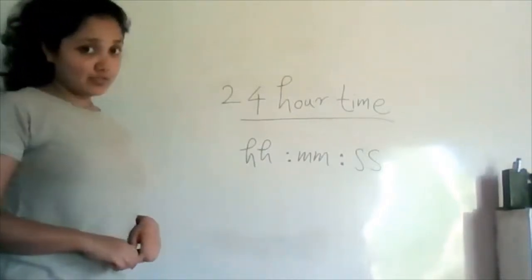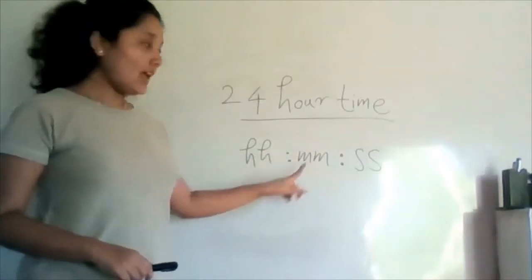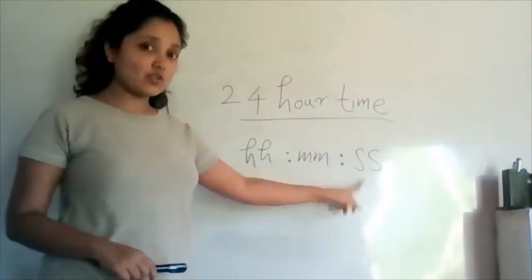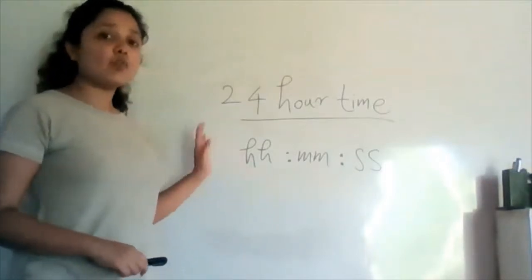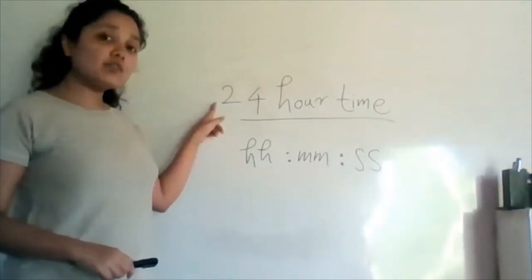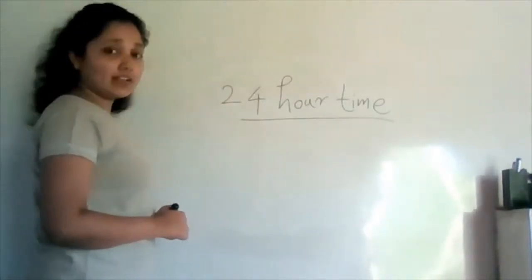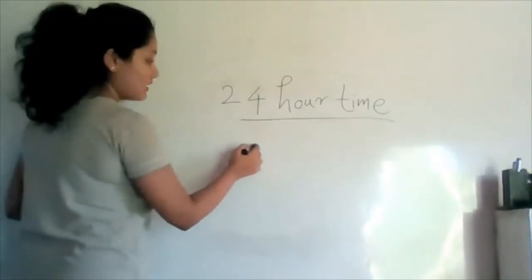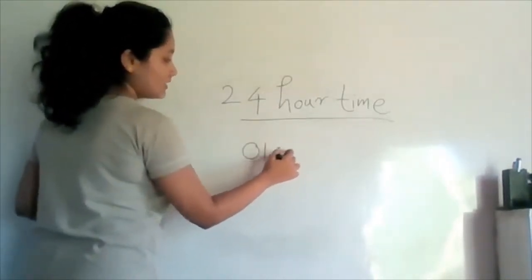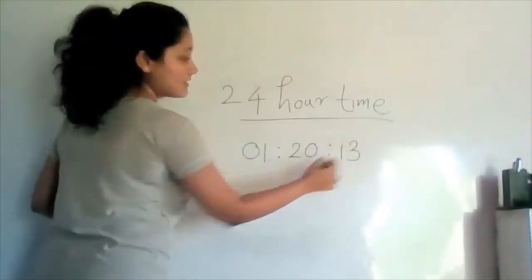And the next thing you need to remember, between hours and minutes you have to use double dots, and between minutes and seconds also you have to use double dots. So this is the standard way of writing a time on a 24-hour clock. Here I will write an example for a 24-hour time. We'll say it is 1 hour, 20 minutes and 13 seconds.